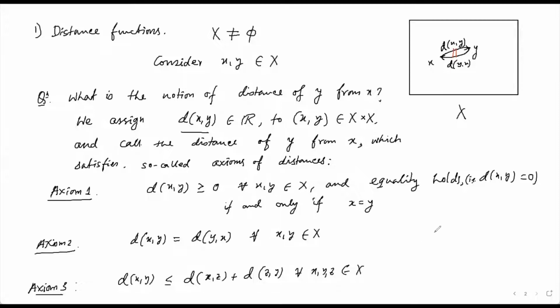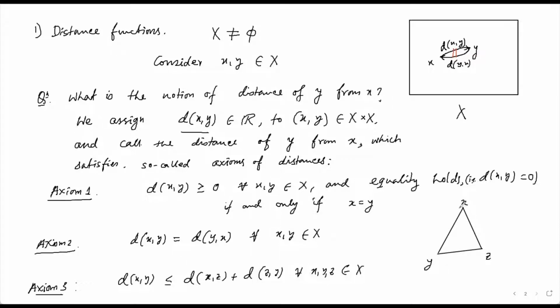And this is the so-called triangle inequality. And geometrically, suppose this is a triangle with vertices at the points x, y, and z. So this is x, this is y, this is z.